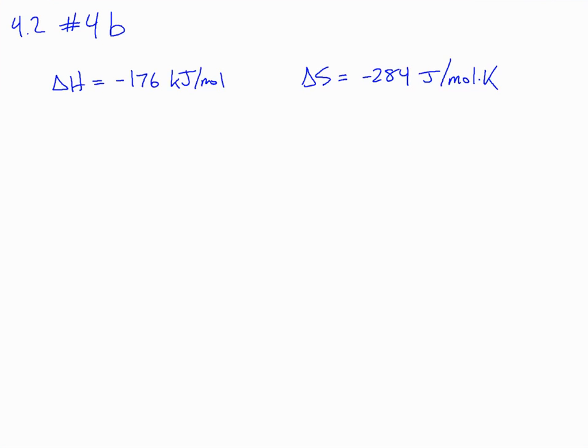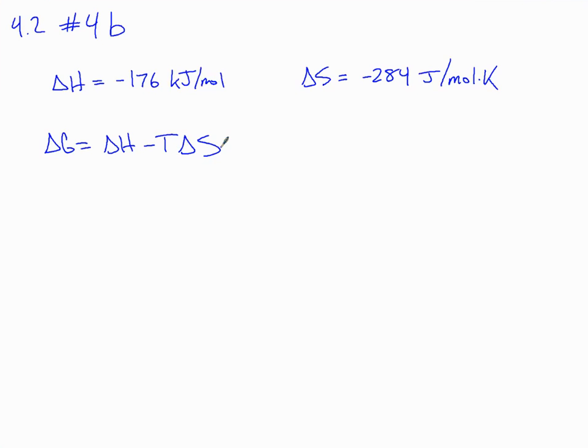And we're going to be using this formula because it relates free energy with delta H, which is the enthalpy, the heat, and the delta S, which is the entropy, kind of the amount of disorganization.